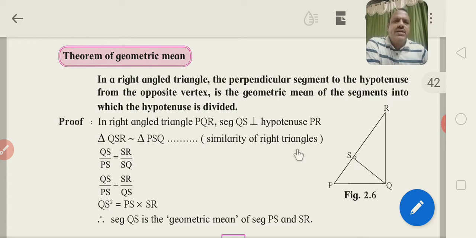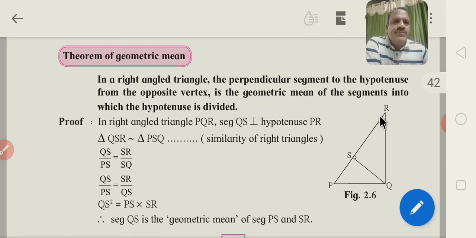Now listen here. In a right angle triangle, the perpendicular segment to the hypotenuse from the opposite vertex is the geometric mean of the segments into which the hypotenuse is divided. In this theorem, PQR is the right angle triangle, and PR is the hypotenuse side.